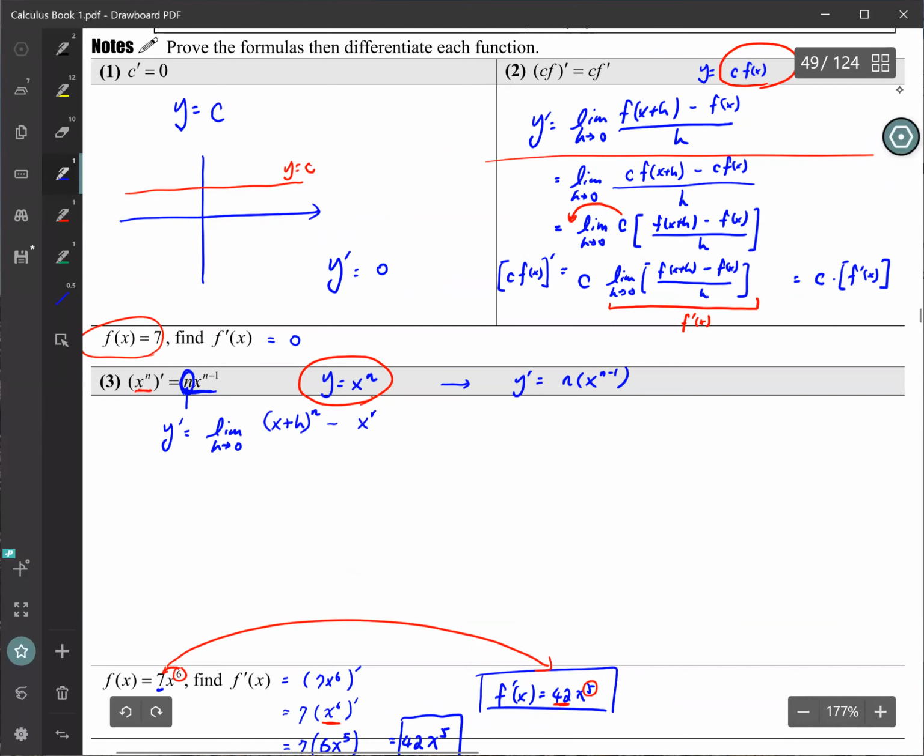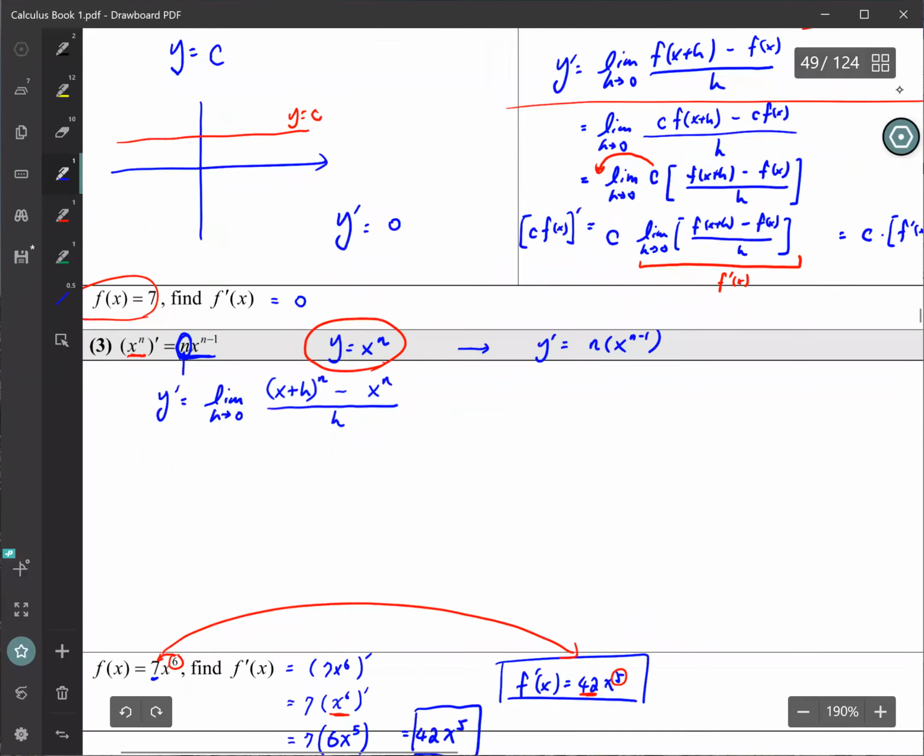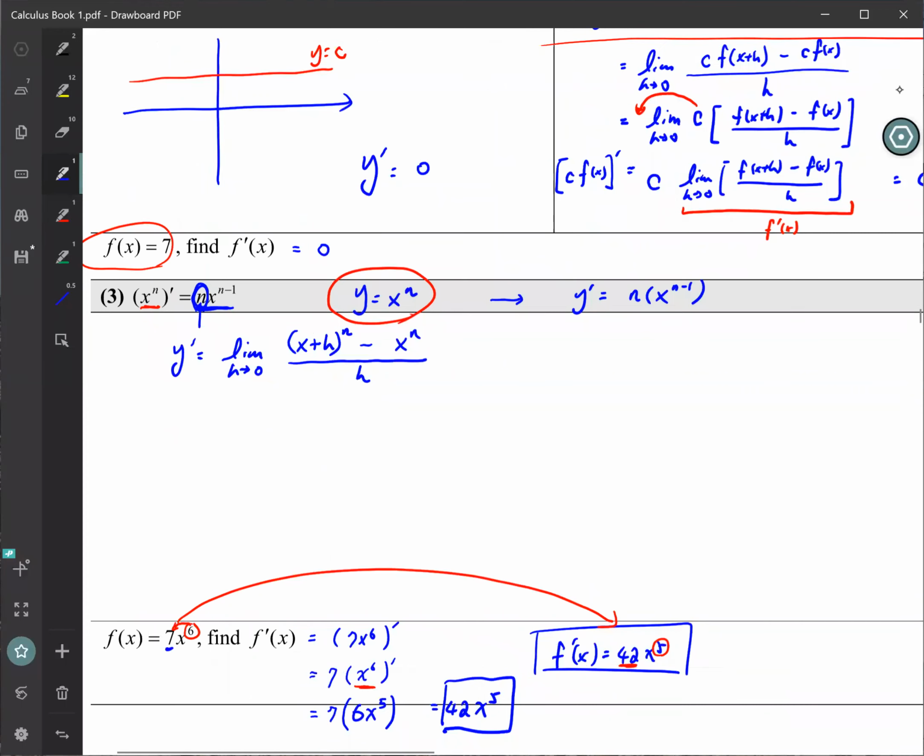Minus x to the n, over h. Does anyone have questions about how I set this up? Because the function is x to the n, we just input the x plus h, and the other part is just the original function.